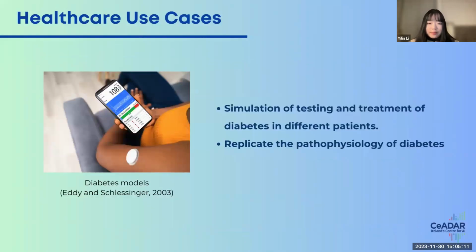Now, I want to start by sharing a few outstanding examples of AIDT in the medical field. First up is the diabetes model proposed by Andy and Schlesinger back in 2003. They used differential equations to build an AIDT model that replicates diabetes at a high level of biological and clinical detail.